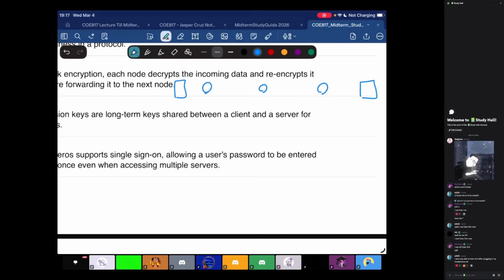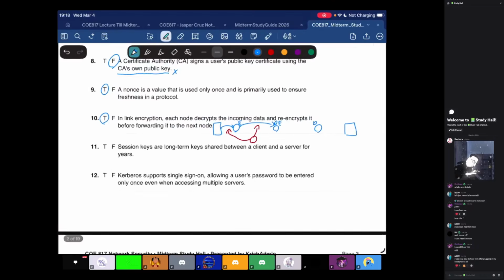Whenever you send any information to the next party, you encrypt it with their public key, or if this is a shared pool, with the destination's public key, and you have to encrypt it for each stage to ensure that there is no third party or eavesdropper trying to listen onto your connections. So each message has to be encrypted, and then decrypted when it gets to its destination, and then encrypted again, decrypted, and therefore this statement is true.